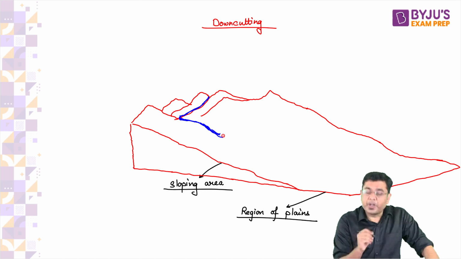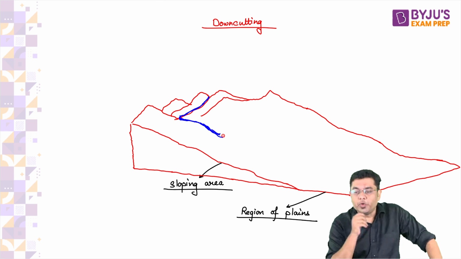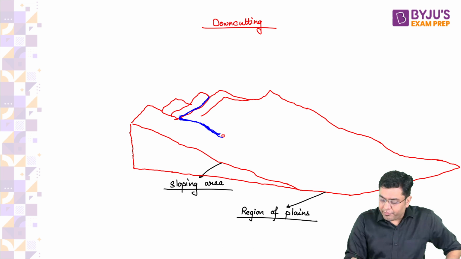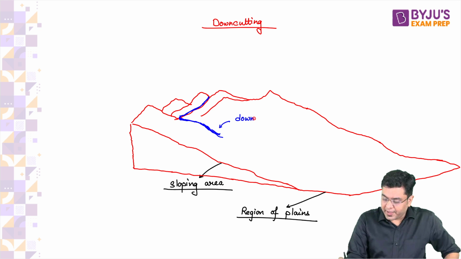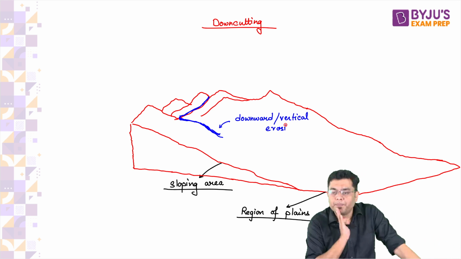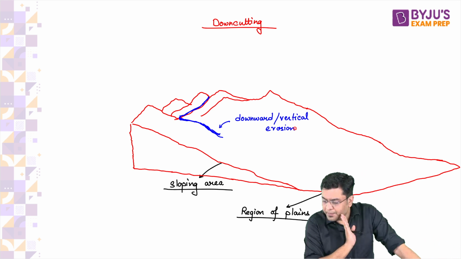So that is what is referred to as downward erosion. Is that understood? It is here where you will observe downward erosion or vertical erosion. Is that understood? Yes or no? Gauri, is that understood?